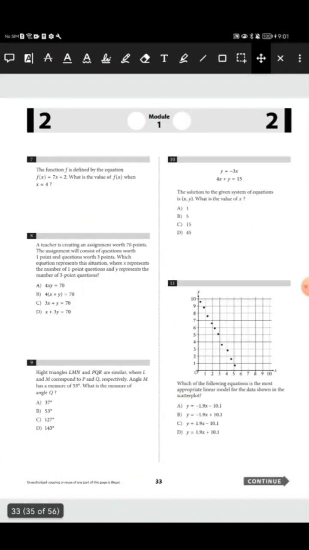Okay. Question number 7. The function f is defined by the equation f(x) equals 7x plus 2. What is the value of f(x) when x equals 4?